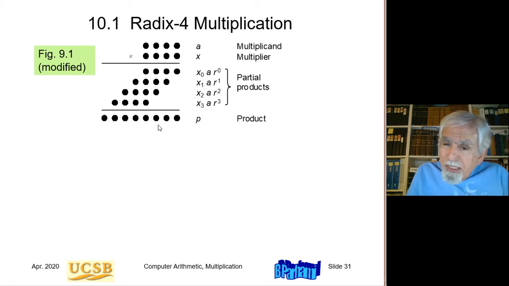The only difference is that whereas multiplying one bit by a gives either 0 or a, if this bit is 0, then 0 times a is 0. If this bit is 1, 1 times a is a. When you multiply a decimal digit by a 4-digit decimal number, the result will not be a 4-digit decimal number, but it can be 5 digits wide.